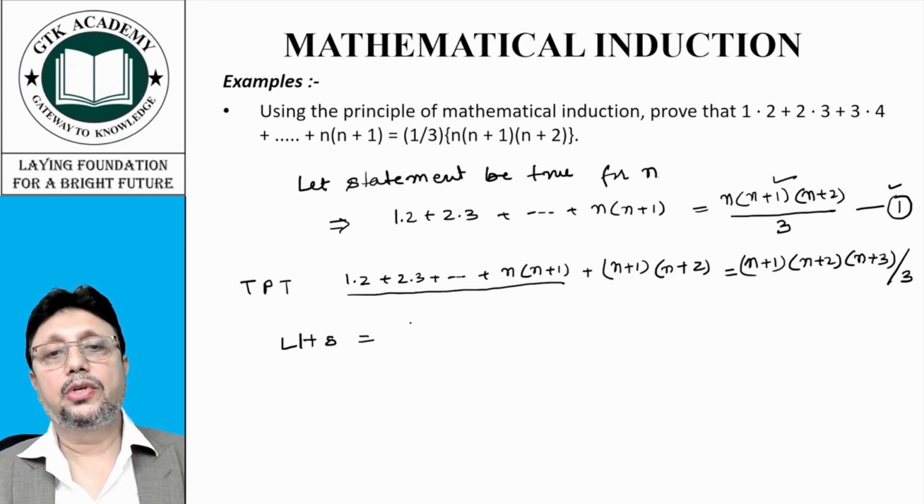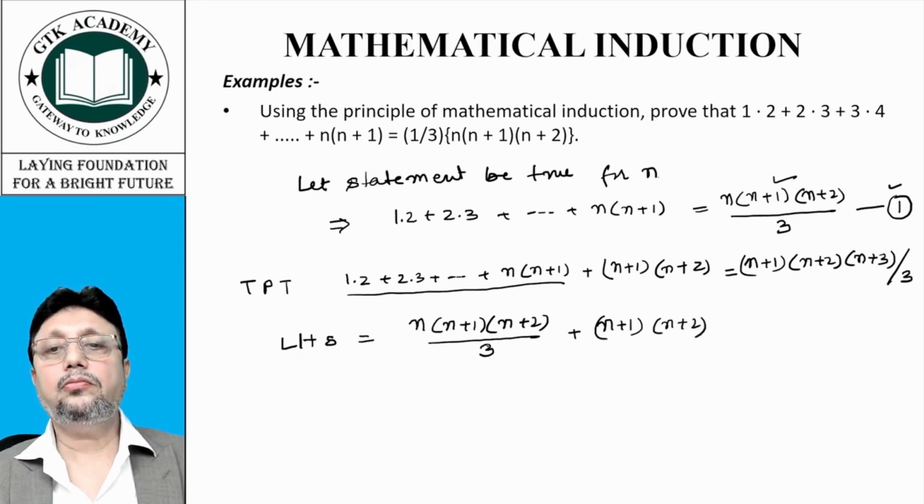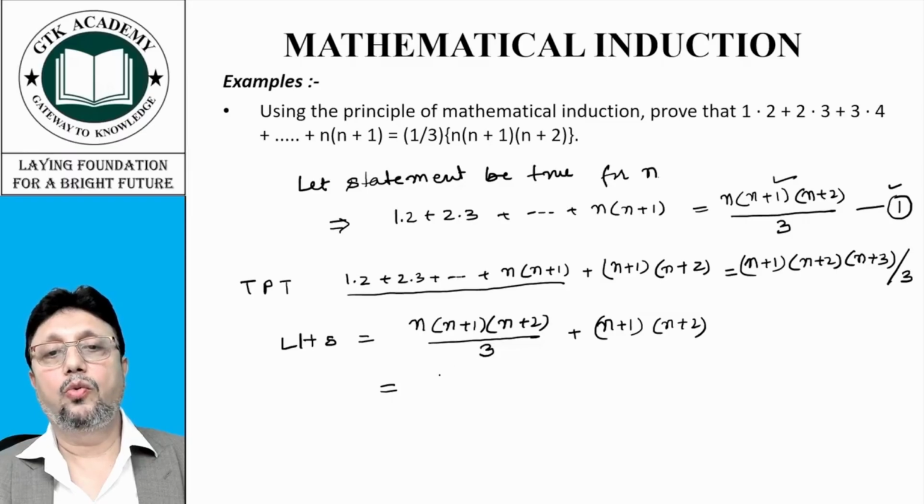That means now put it n into n plus 1, n plus 2 divided by 3 plus n plus 1 into n plus 2. n plus 1 into n plus 2 as common, n plus 1, n plus 2, and 3 as LCM.